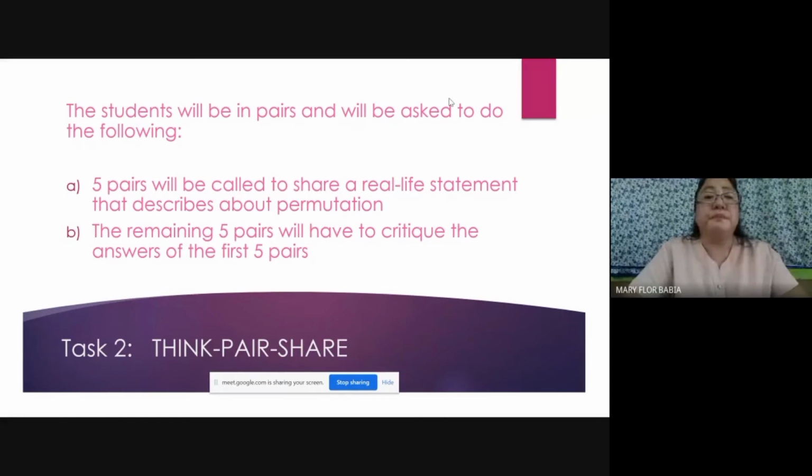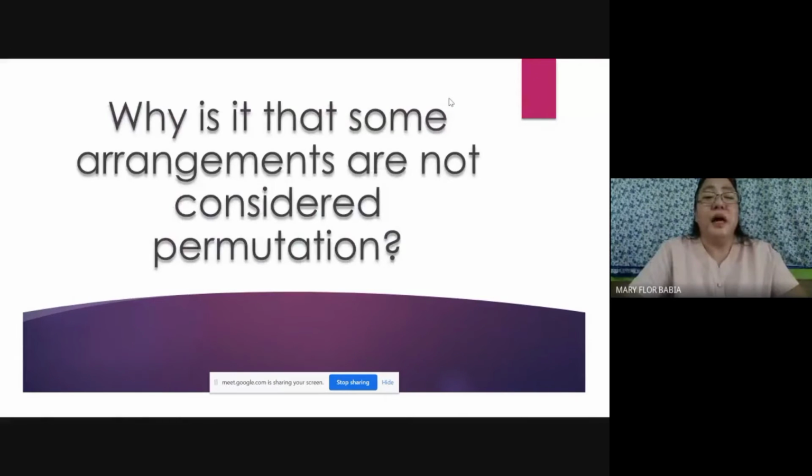Very good. Now, may I have this question? Why is it that some arrangements are not considered permutation? What are other arrangements that are not considered as permutation? Can you think of an example?